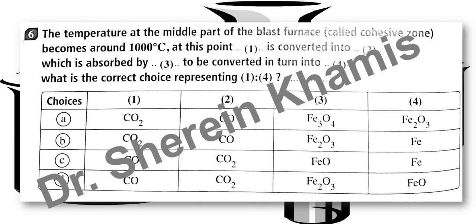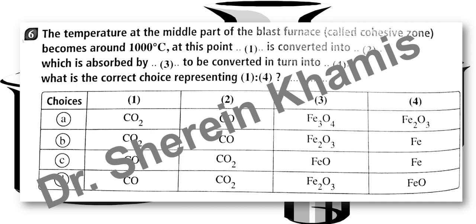Question number 6 here. It says that the temperature at the middle part of the blast furnace, called the cohesive zone, becomes around 1000 degrees Celsius. At this point, what will happen to the reducing agent here? What is it converted into?